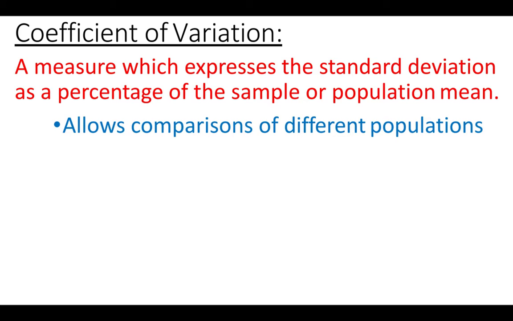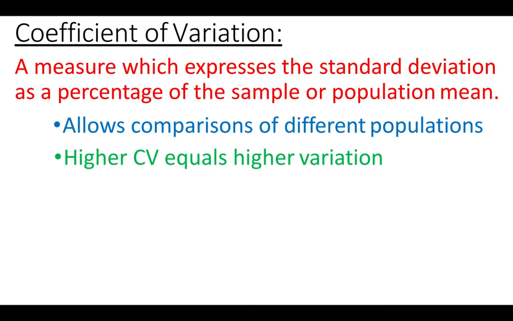However, this is going to allow us to compare them. In general, a higher coefficient of variation, just use CV as an abbreviation, means higher variation. So if the coefficient of variation is higher when you calculate it, that means more variation. So it's really easy to compare once you get the formula. If you get a higher number, that means more variation. Lower number means less variation.